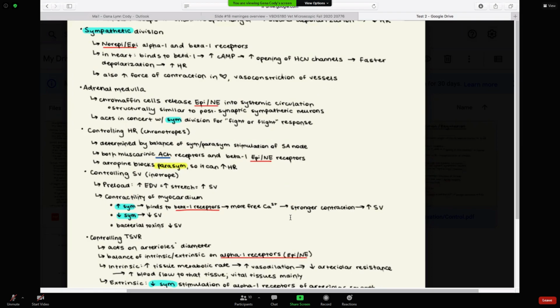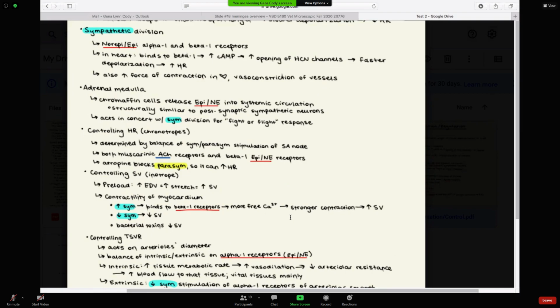If you remember how the muscle contraction works, I have free calcium. That is going to cause a calcium-mediated calcium release. So the extracellular calcium actually triggers the sarcoplasmic reticulum to release its intracellular calcium.